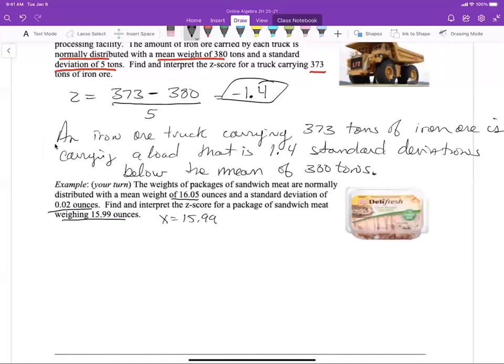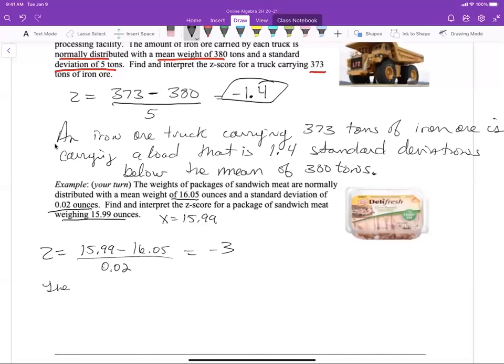I want to know the standardized value for this package that has 15.99. I would calculate my z-score. It is 15.99 minus the mean, which was 16.05, and I would divide that by the standard deviation, which is 0.02. And if I plug that into my calculator, I would find that to be -3.